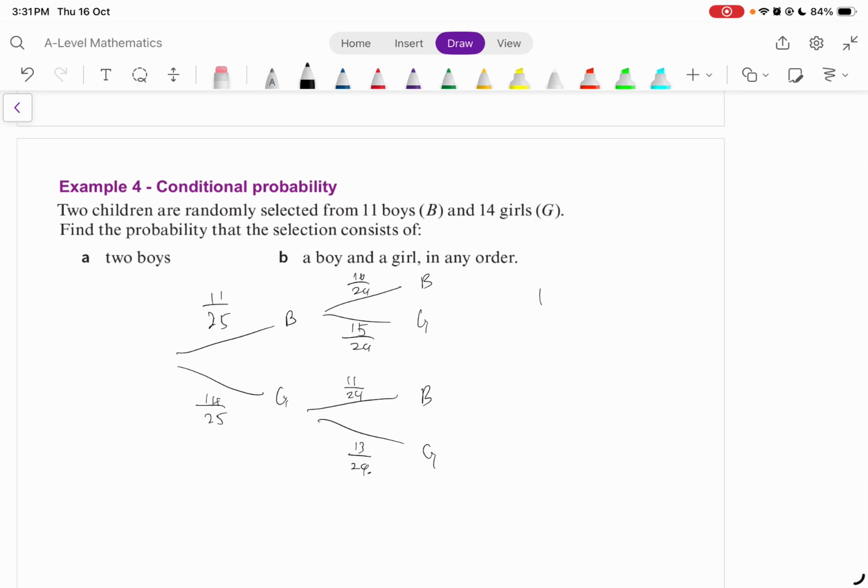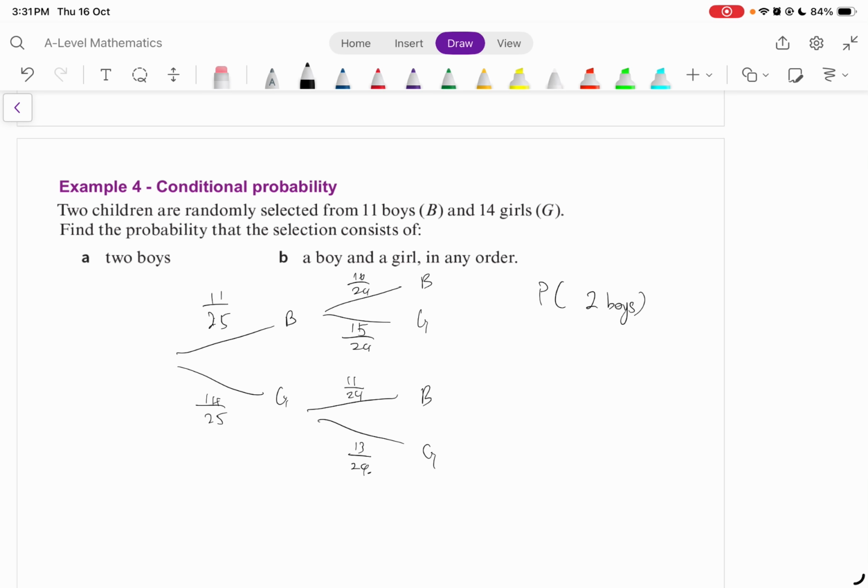Okay, so what is the probability of having 2 boys? Okay, so for this one, 我们要想的是 is it dependent or independent? This is dependent is because the first part of the round is affecting the second part of the round.